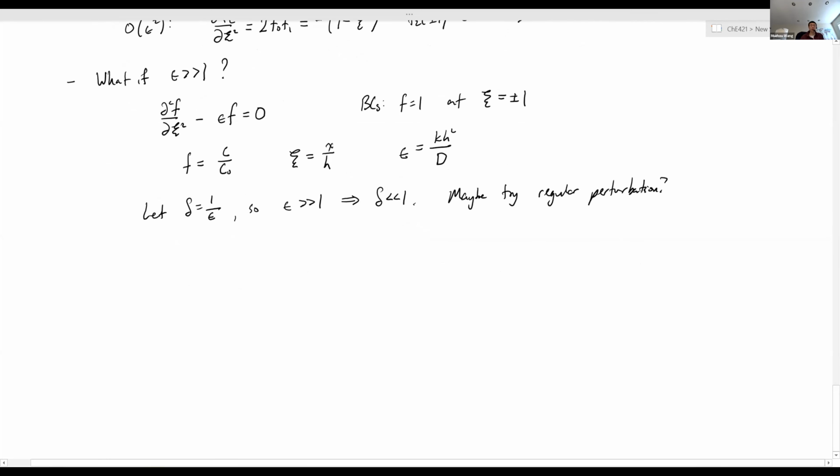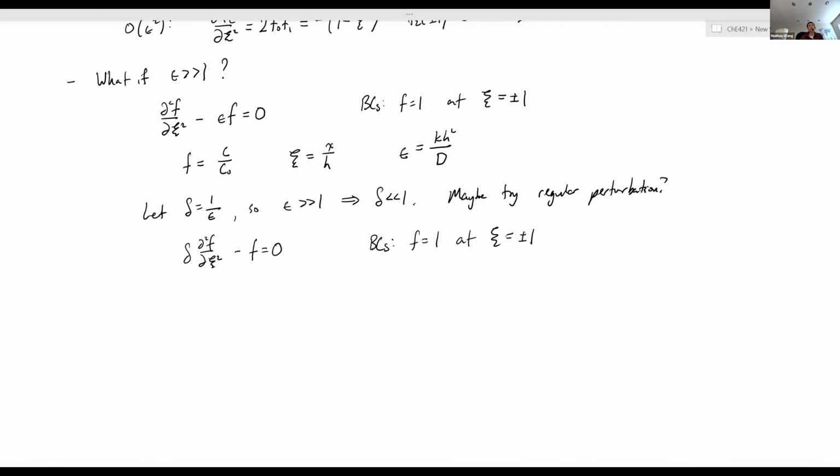So here's what our differential equation looks like now. I can multiply through this equation by delta, and I'll get this. The boundary conditions stay the same. Now let's look at our order of delta to the 0 solution.